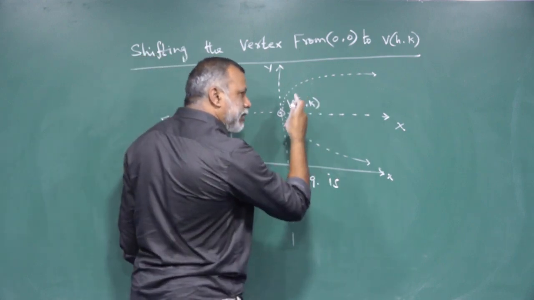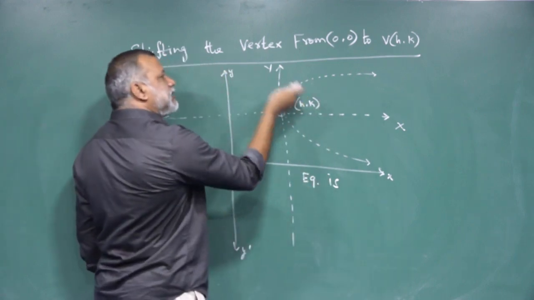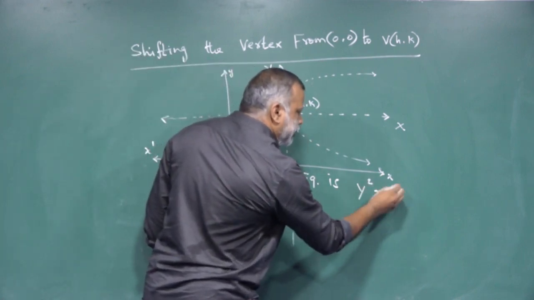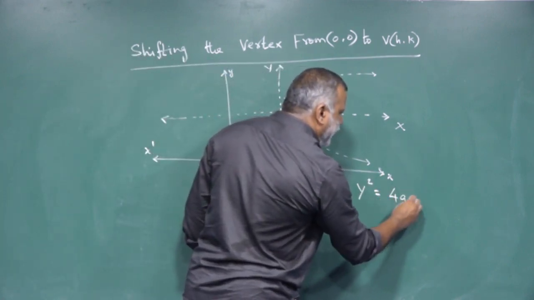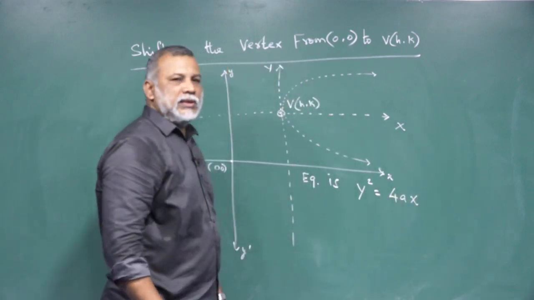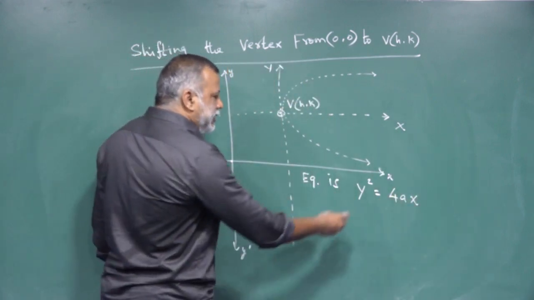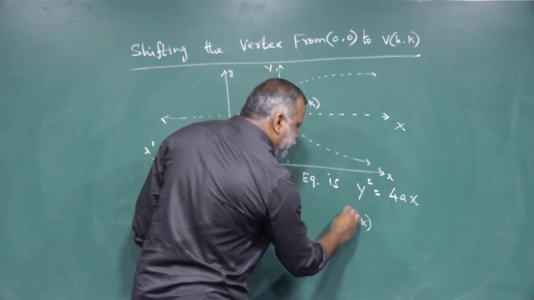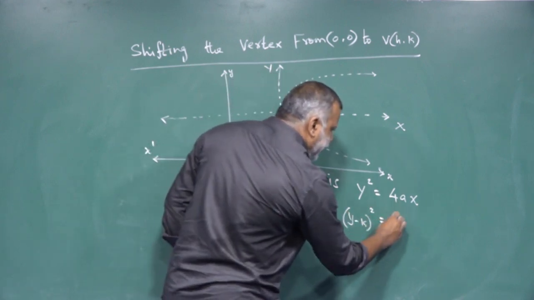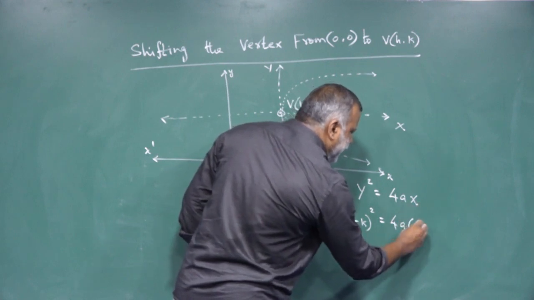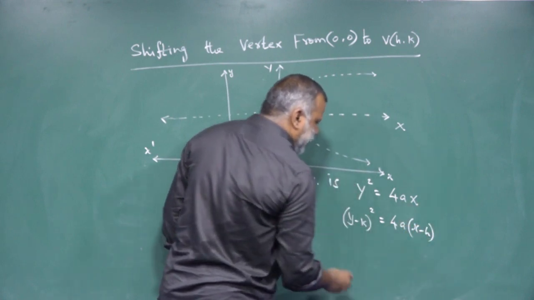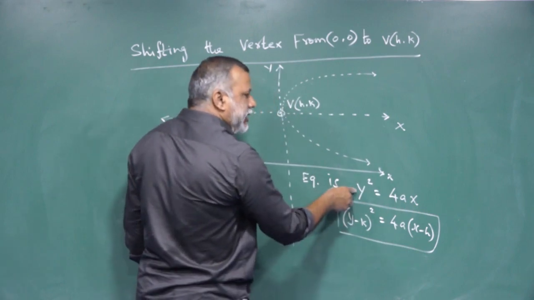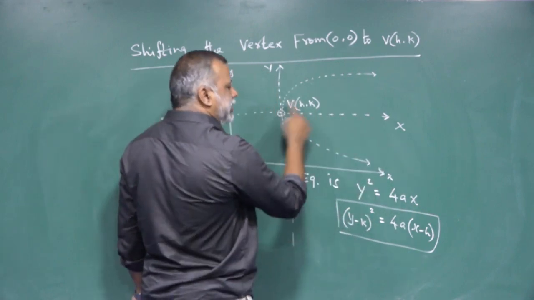See, this is type number 1 regarded as capital X and capital Y. Then the formula is capital Y squared equal to 4a into capital X. In general, capital Y is replaced by y minus k, the whole squared, equal to 4a into capital X, which is replaced by x minus h.